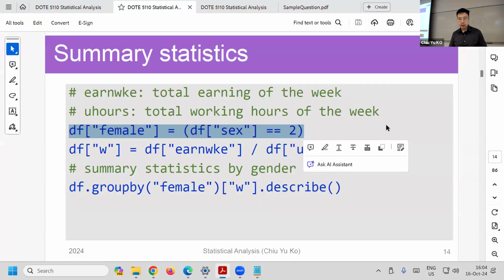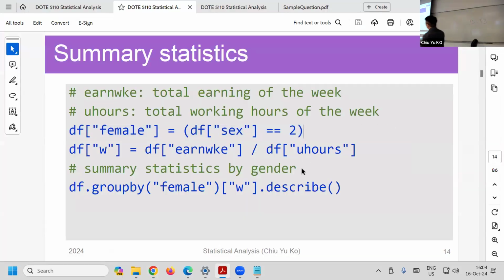Okay. And the next thing is, I want to look at the wage, but we want to normalize by hour. So it's earnings per week divided by hours of work per week, which is the wage we care about. And then we want to group by male or female and look at their hourly wages.